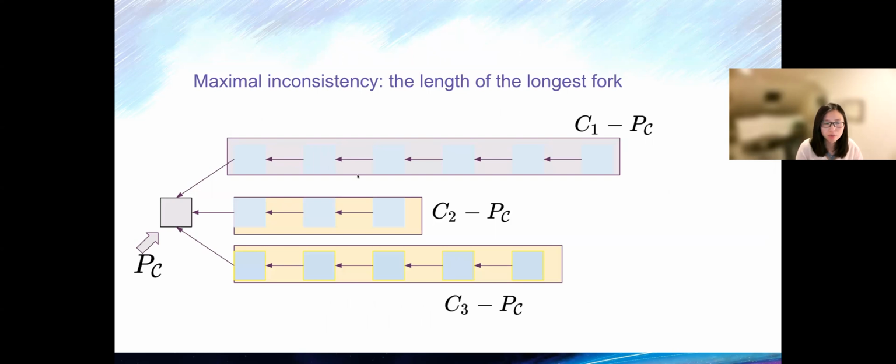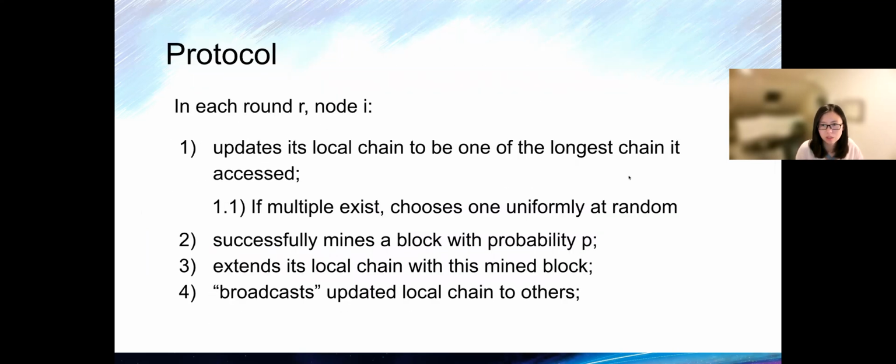For example, if we have 3 chains in the given set C like this, they share a common prefix, which is a trivial chain containing the genesis block only. For the first one, C1 minus PC, the fork length is this, and similarly for chain 2 and chain 3. The maximum of these lengths is the maximum inconsistency.